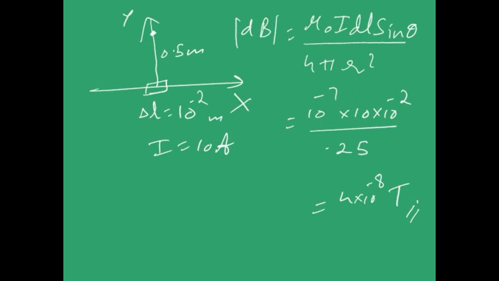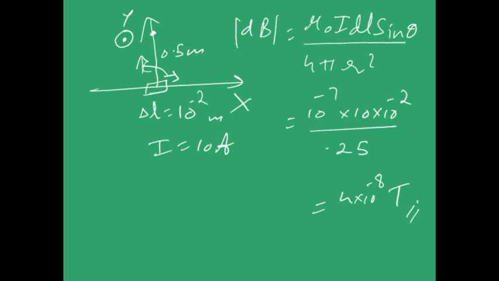This is my dl vector direction, and the radius vector, here it is in this direction, right? So by right hand rule, my magnetic field should be this one, given by this direction at this point. Okay, what about a point, say 0 comma 0 comma plus 0.5, I mean a point on a z-axis?